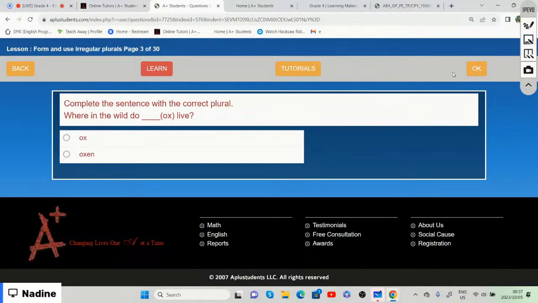So the singular is ox and the plural is oxen. So oxen is correct because oxen refers to more than one ox, right? More than one animal.